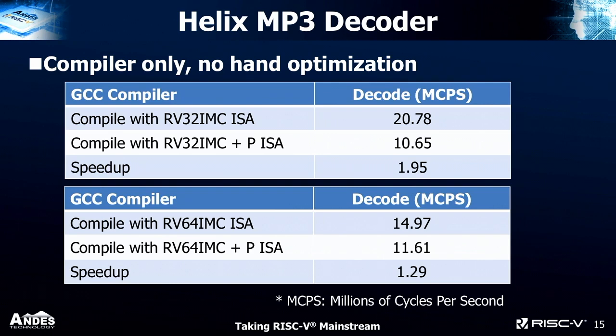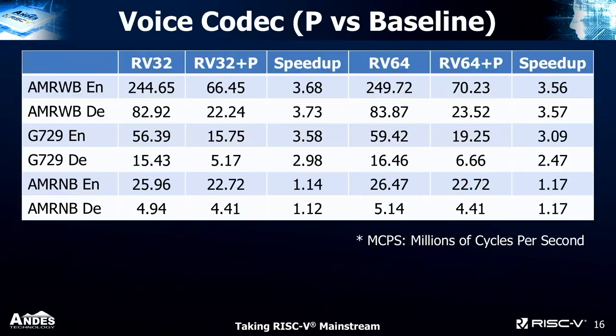For RV32 it has a 1.95 speedup, and RV64 a 1.29 speedup. Why is RV64 smaller? Because the Helix MP3 decoder uses 64-bit data types, so those 64-bit operations are already naturally covered by RV64. We also tried several voice codecs, P versus the baseline, and we get speedups from 1 point something to close to 4.